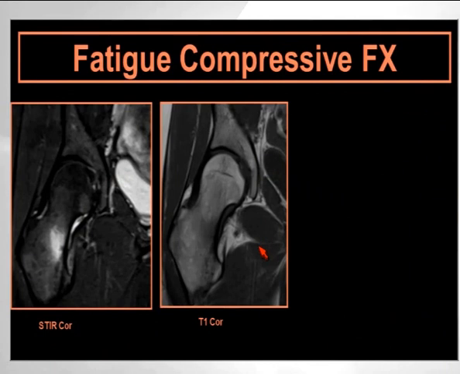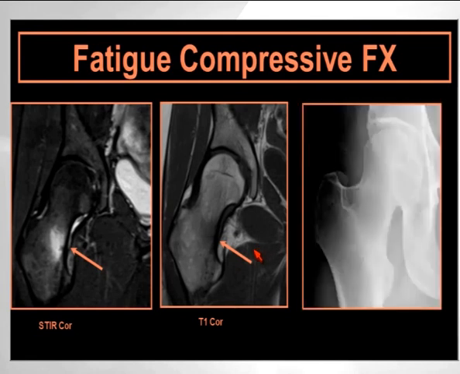So let's see the examples. So this is a classic compressive fracture. There's marrow edema, there's some cortical thickening, and so this is what we see with stress or fatigue in highly motivated runners. And then with follow-up radiographs, you would see some cortical thickening as the phase of healing.